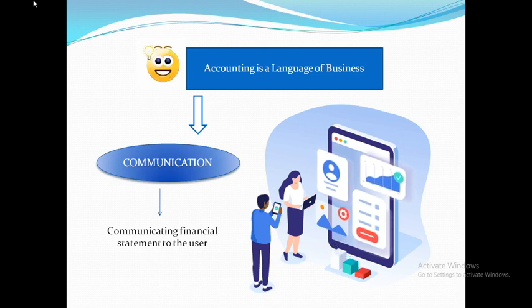So it is a language of business. In standard English, this could mean something different, but in accounting, we are going to understand it as communicating financial statements to users in order for them to understand what has gone on in their business.